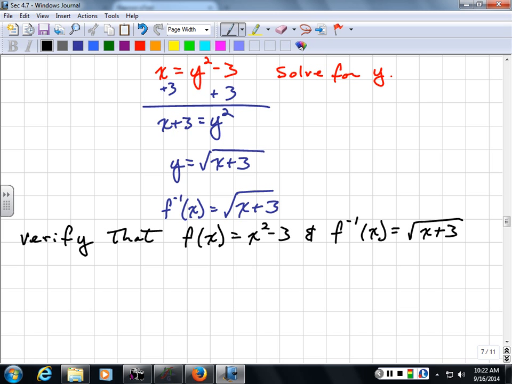So instead, I want to verify that f of f inverse of x is equal to x, and that f inverse of f of x is also equal to x.